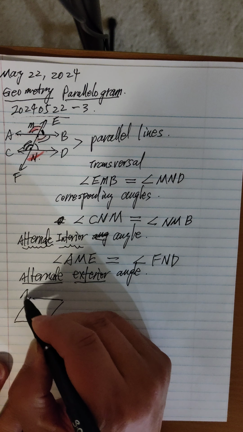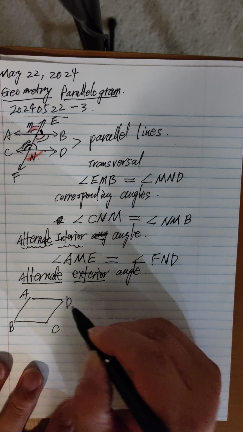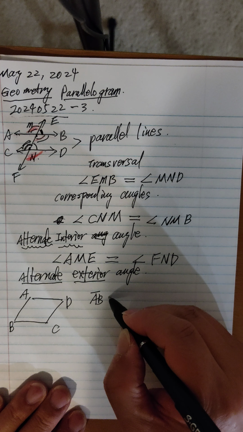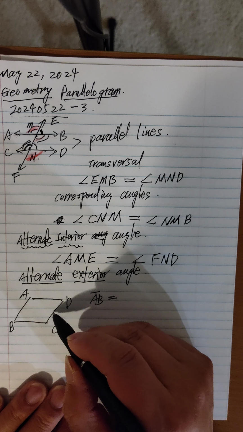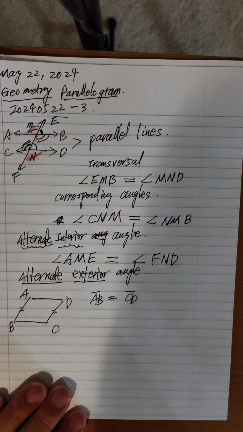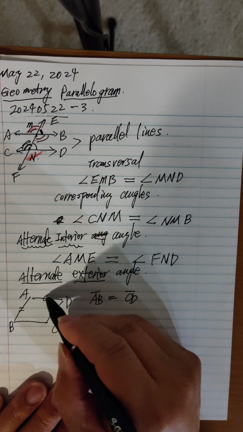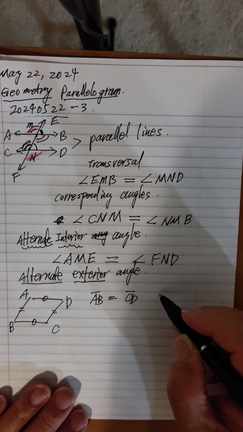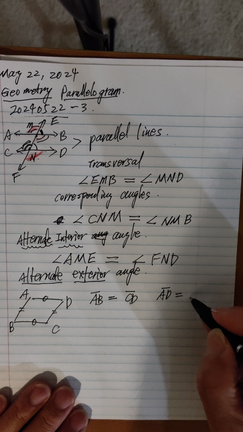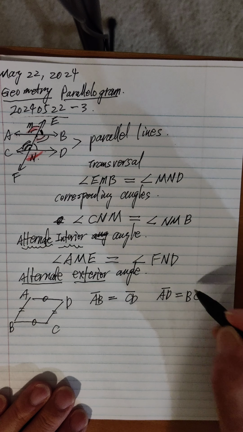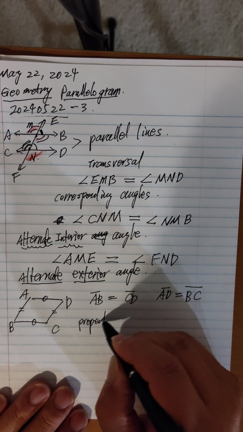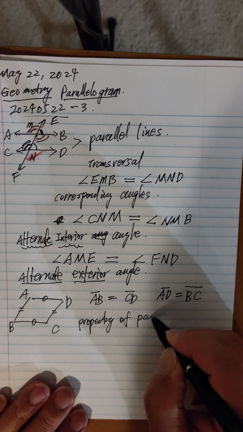For instance, this is ABCD. If the segment AB is equal to CD, and AD is equal to BC, those are indeed the properties of a parallelogram.